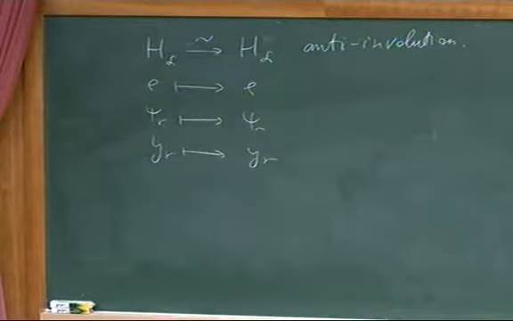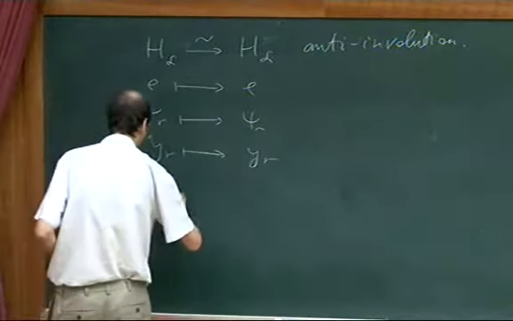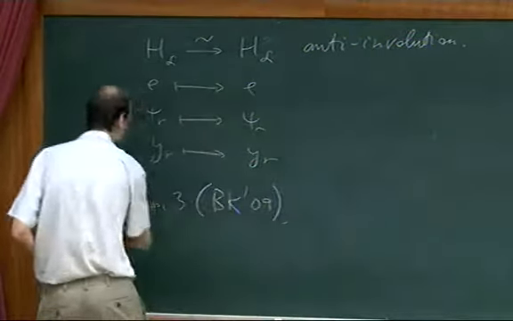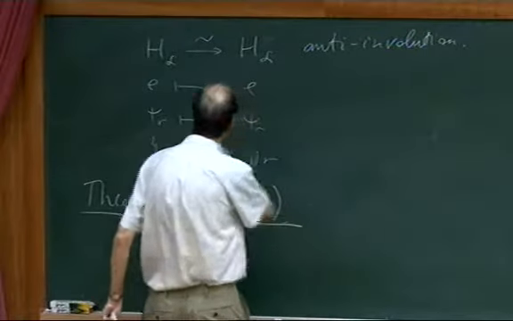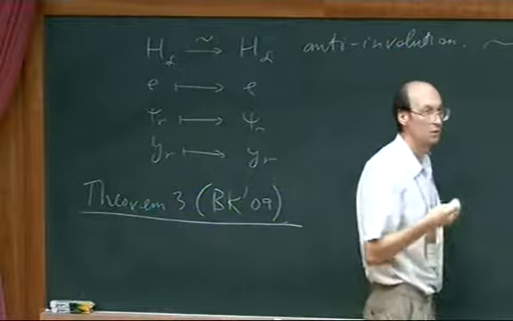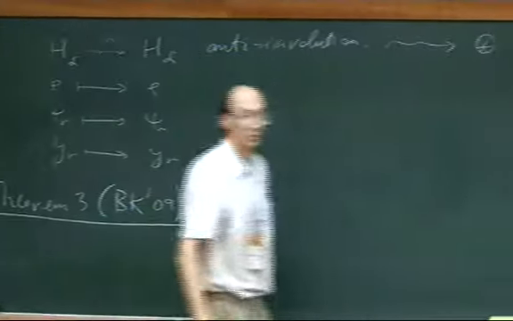And once you have an anti-involution, you have an operation of duality on the module category. And then theorem 3 is that under the categorification isomorphism, this leads to a duality, which I cannot call star because star is the usual duality. So I will call it star like that.